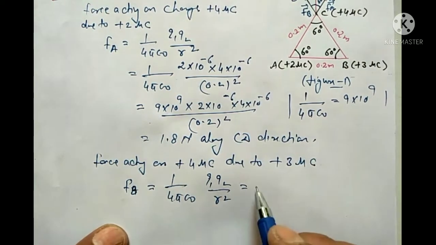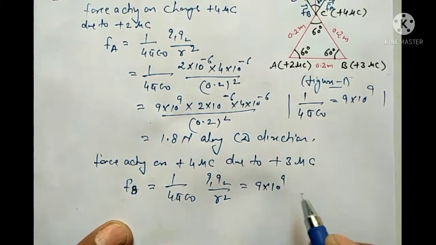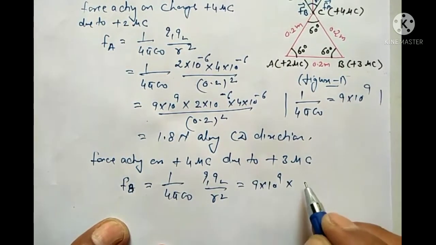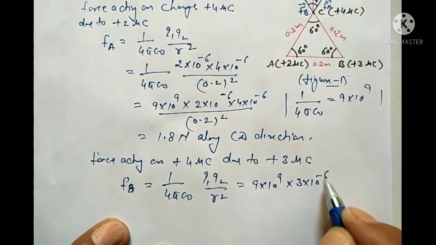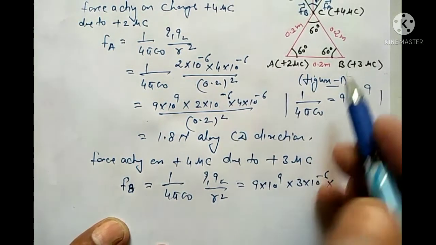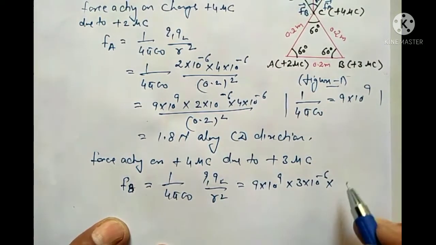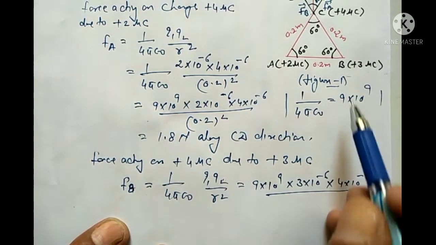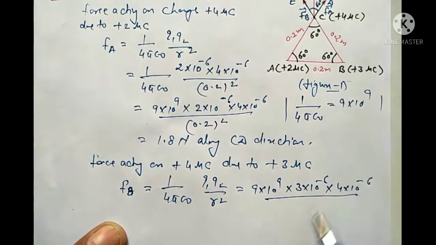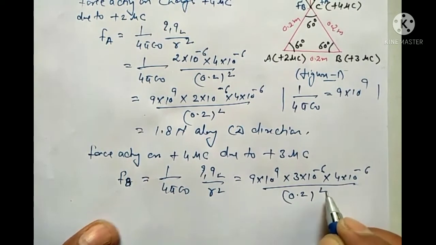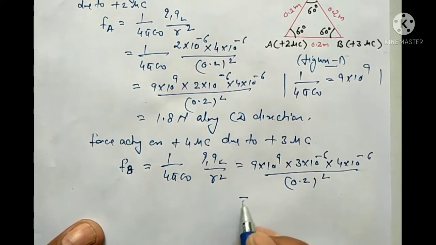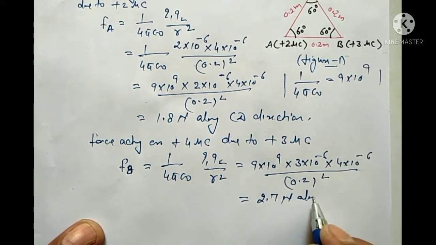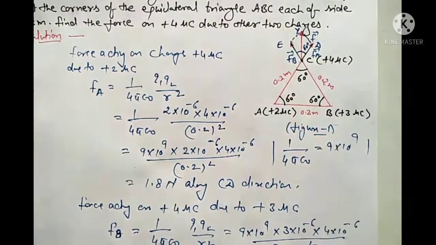So 1 over 4 pi epsilon naught is 9 into 10 raised to power 9, and the value of Q1 is plus 3 microcoulomb. So this is 3 multiplied by 10 raised to power minus 6 coulomb, multiplied by Q2, here Q2 is 4 microcoulomb, so 4 multiplied by 10 raised to power minus 6, divided by distance, which is the same here, 0.2, so 0.2 square. By solving this we get 2.7 Newton force along CE direction.